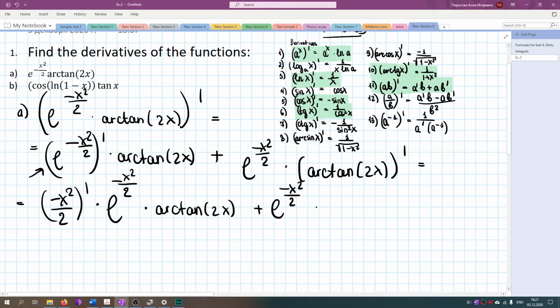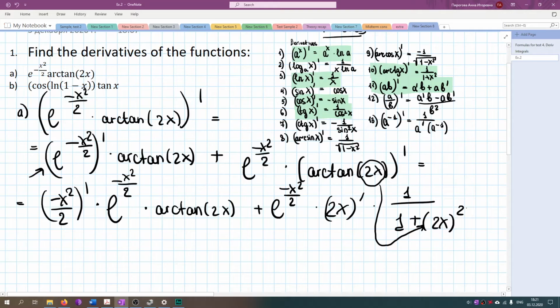In our case we have not simple x but 2x. That is why firstly we need to multiply by the derivative of this inner function, and then we take the argument of this function and put it here in the second power.